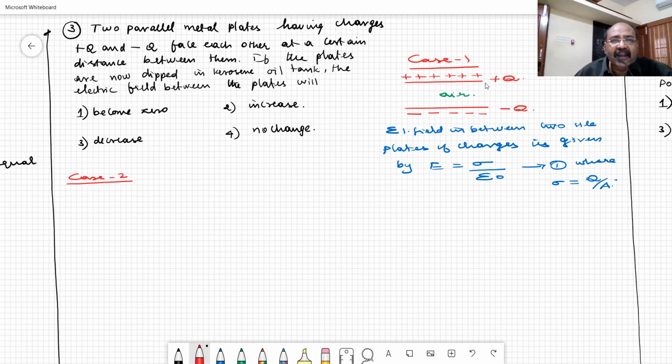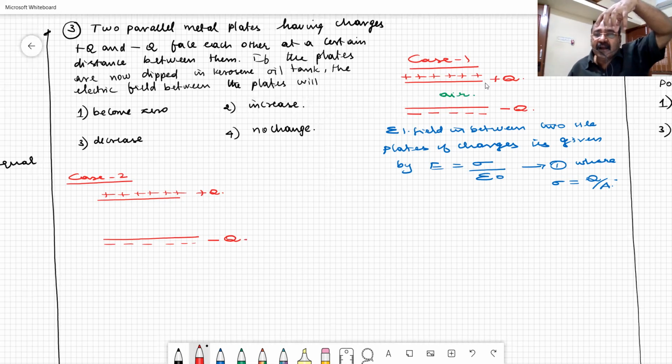What is given: if the plates are now dipped in a kerosene oil tank, then what is the electrical field between them? Here we have the two plates. At the top plate you have positive charge, plus Q, and at the bottom plate negative charge, minus Q. Now the two plates are placed inside the kerosene.